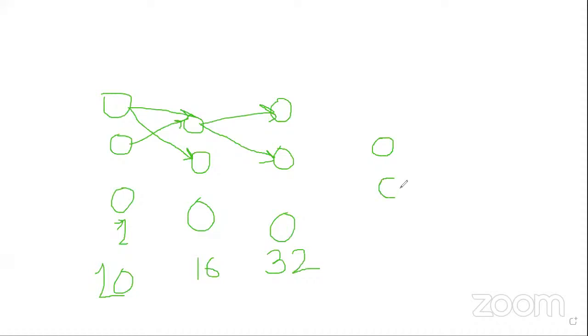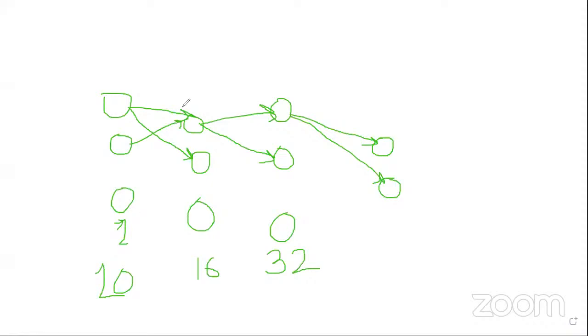In this case, I have selected 2 neurons. Each neuron is connected here with 16 neurons. So we have 10 neurons in the input and here we have 16 neurons.